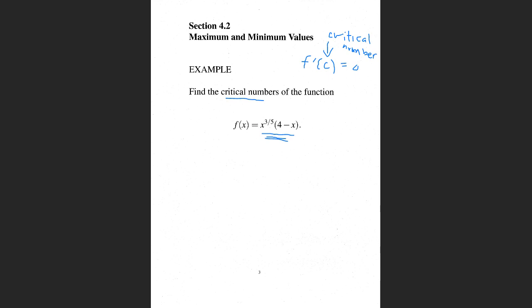But hold on. Also, a critical number is also where f prime of C does not exist.